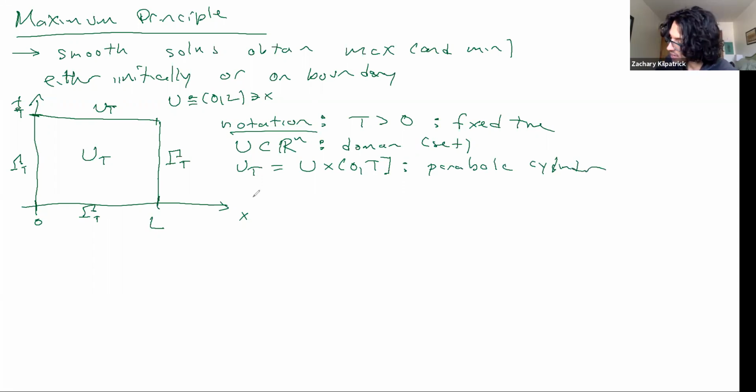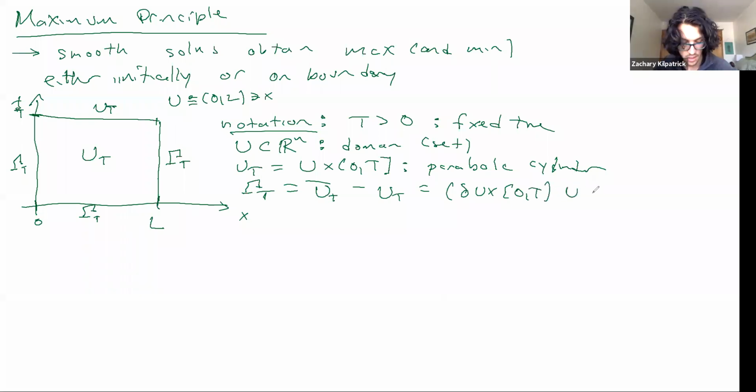And the boundary gamma sub t is going to equal the closure of U sub t with U sub t itself removed, which is going to be the boundary from 0 to t, along with the initial spatial domain just at t equals 0. And this here is meant to be a union. It's not meant to be another U. Okay. So this is our parabolic boundary.